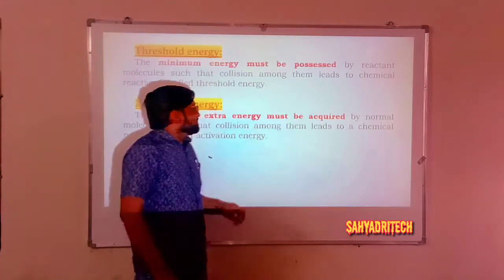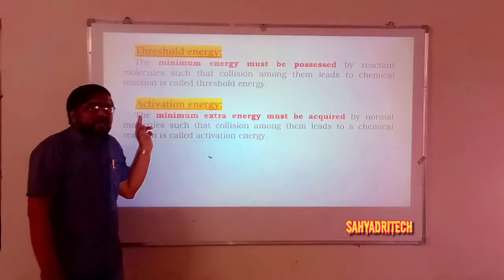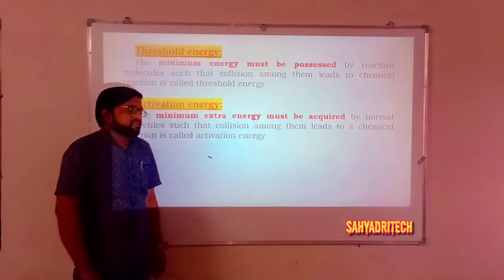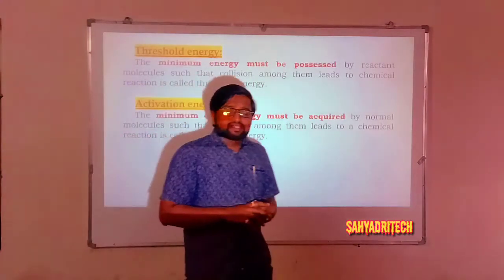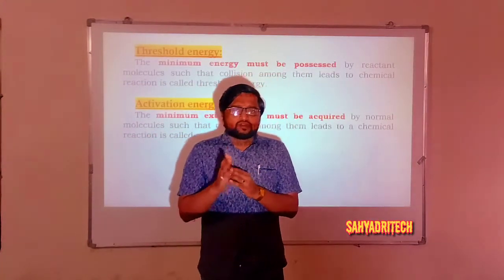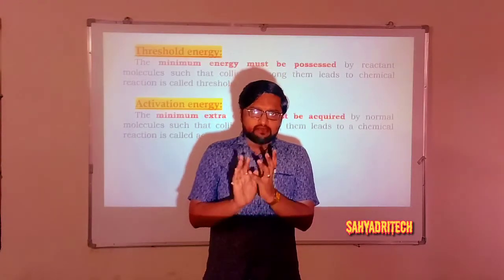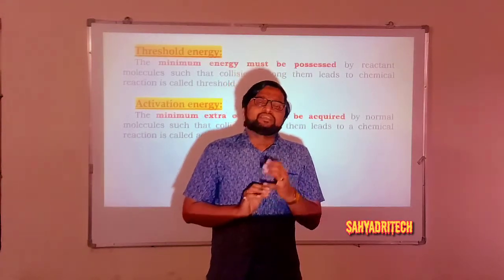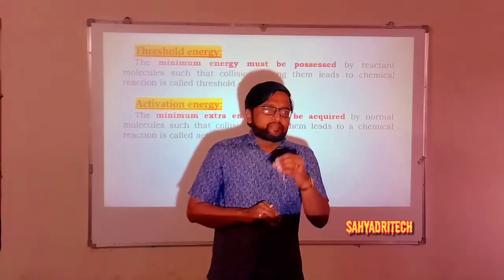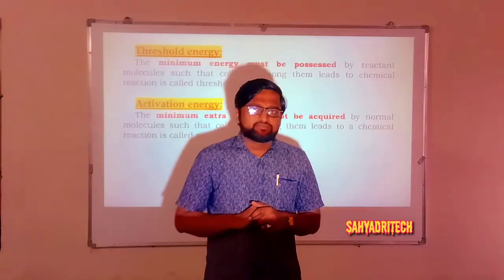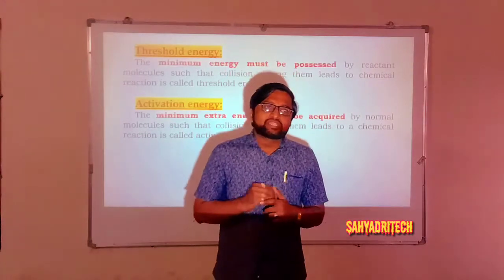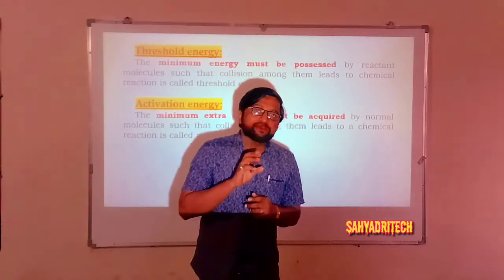Okay, well, coming to the other form, what is that? Activation energy. Let's continue the same analogy. As I said, to travel from place A to B, 500 is the minimum amount we should have. Say we have only 400 rupees with us. What is the rest? We need another 100 rupees.